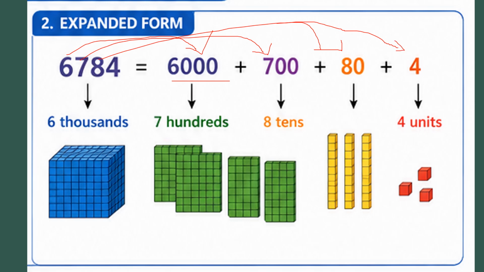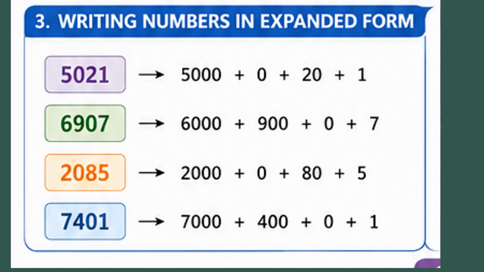At times they might give you the expanded form and tell you to write the exact number. Like this, writing numbers in expanded form. They might give you these expanded forms, 5000 plus 20 plus 1, and they'll ask you to write it. So you write 5021. Now there is nothing at hundreds place, so you have to put the 0.